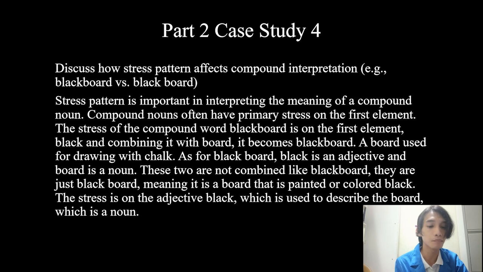As for black board, black is an adjective and board is a noun. These two are not combined like blackboard from before, they are just black board, meaning it is a board that is painted black or colored black. The stress is on the adjective black, which is used to describe the board, which is a noun.